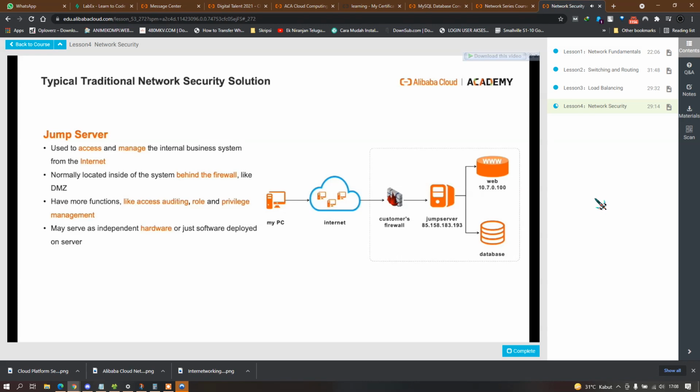A network area that is very suitable for a Jump server is the DMZ that I introduced previously, because a Jump server is a member of the internal system, but it provides internet access service. So this kind of server, we can put in the DMZ.